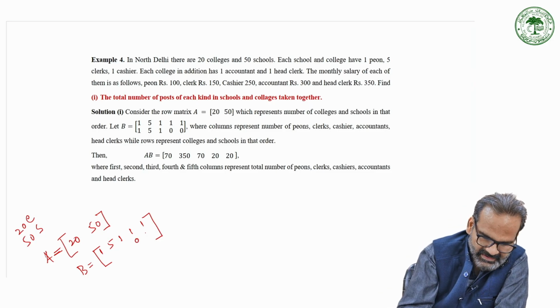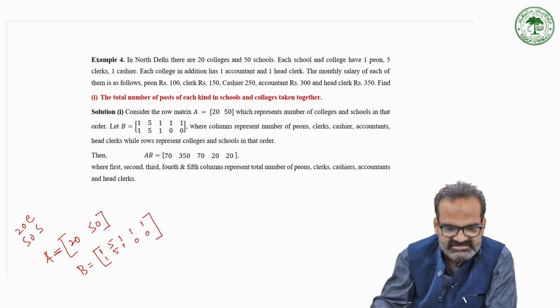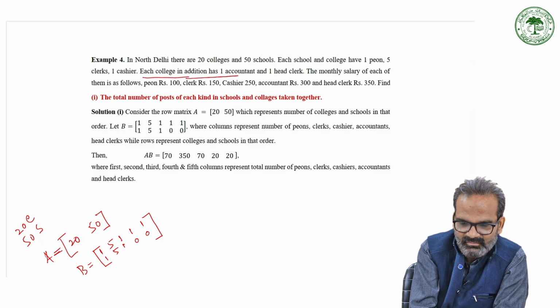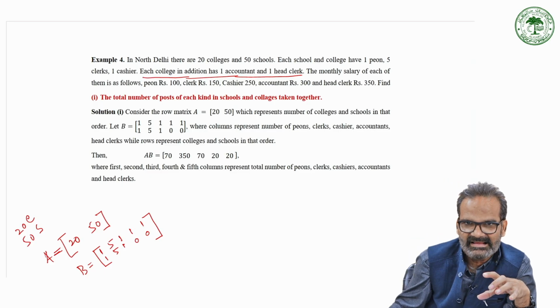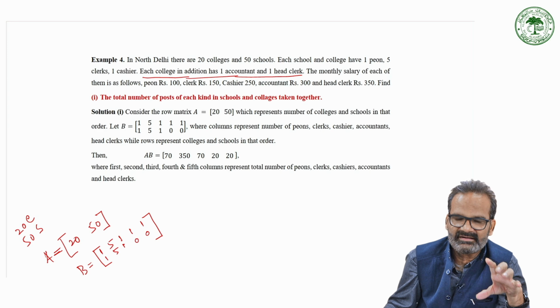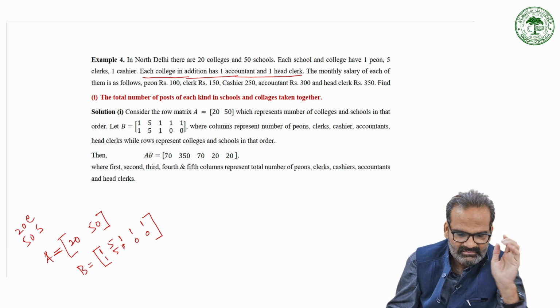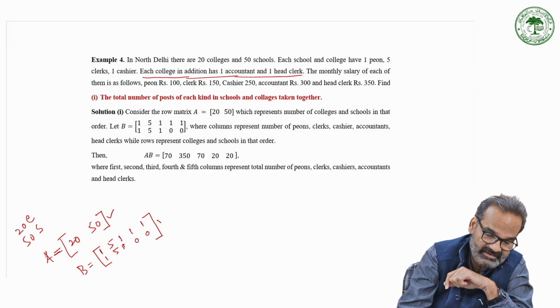So schools have no accountant and head clerk, so it will remain 1, 5 and 1, okay? It means college is having additionally 1 accountant and 1 head clerk, which schools are not having. That is why I have taken 0 here. So this is matrix A, this is matrix B.